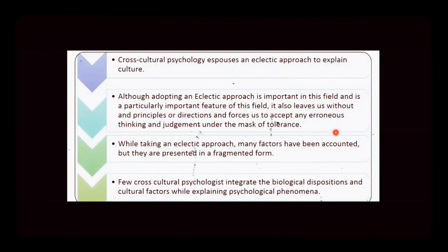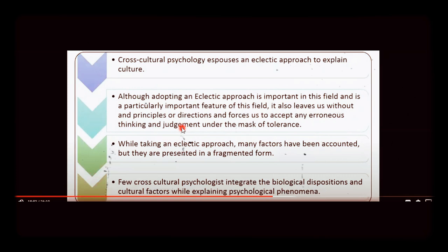Cross-cultural psychology espouses an eclectic approach to explain culture. Although adopting an eclectic approach is a particularly important feature of this field, it also leaves us without any principles or directions and forces us to accept any erroneous thinking and judgment under the mask of tolerance.